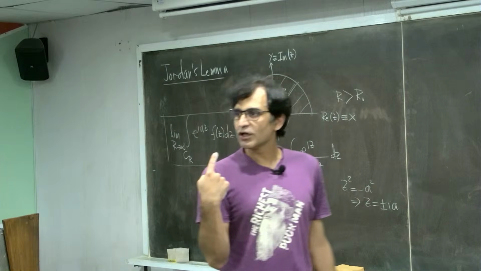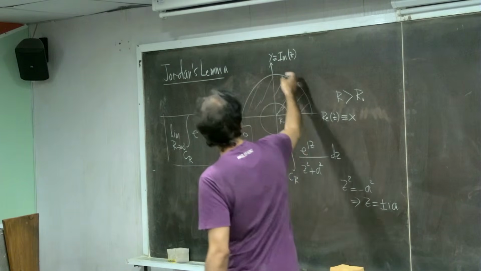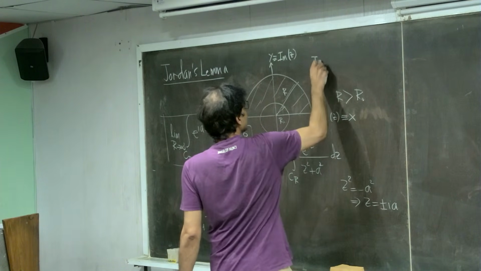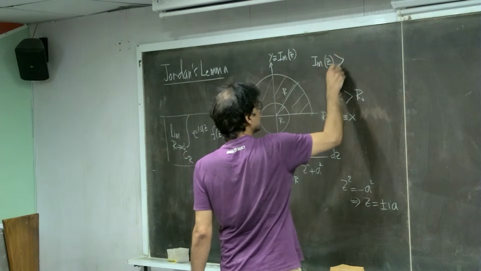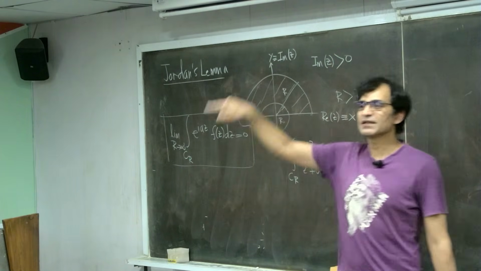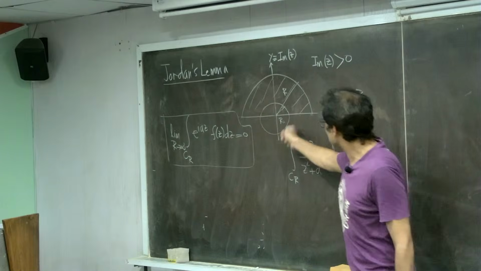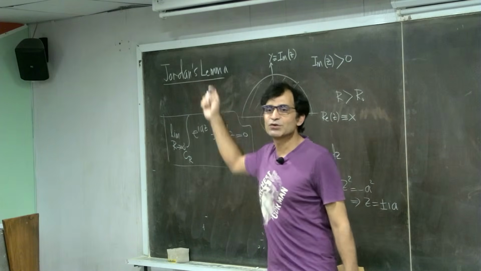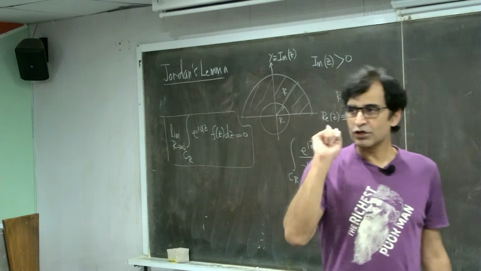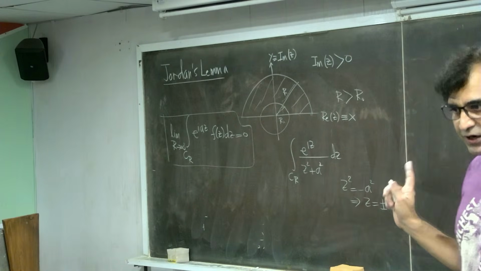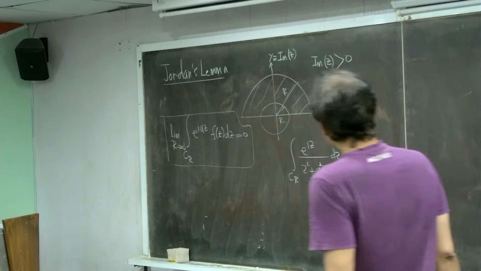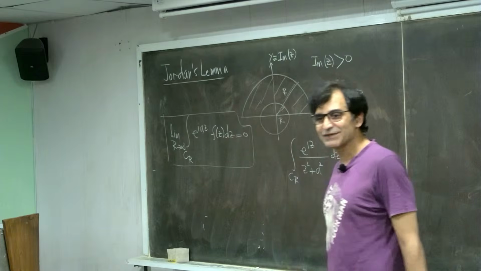And I will consider only those poles in this semicircle for which the imaginary part of z is greater than 0, because it's a semicircle. Otherwise I would have to enclose the semicircle downstairs. So I'm considering only the pole for which the imaginary part of z is greater than 0. So the two conditions are satisfied.